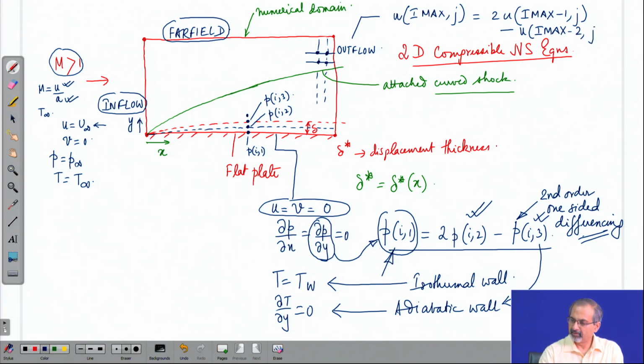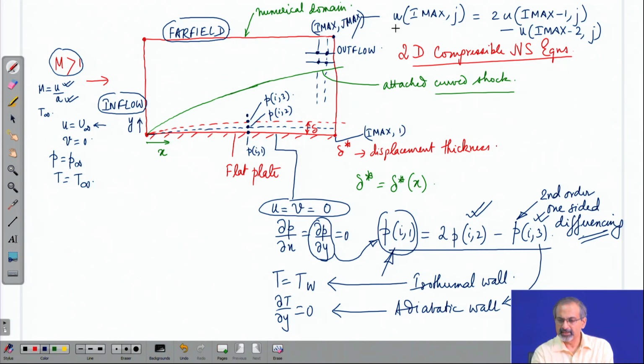Where I max is the maximum value of the I index that you have used. This corner point, for example, would have an index of I max, J max. So, J max is the maximum number of grid points along the y direction.